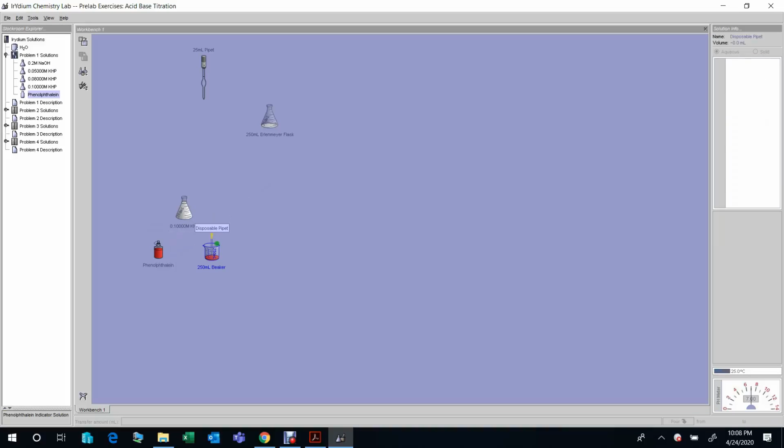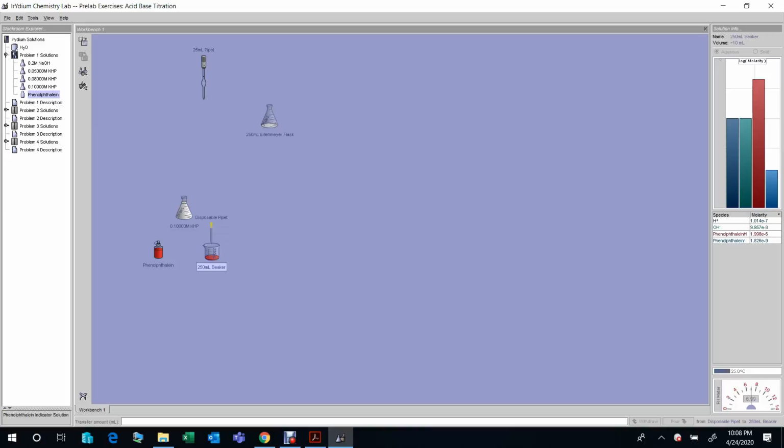You see, now this is green. It's green light, right? Means this can be done. And how much do we need? Normally for indicator, we only need 2 drops. 2 drops is very little. So here we can just put 0.01 milliliter, because we don't need much of the indicator.